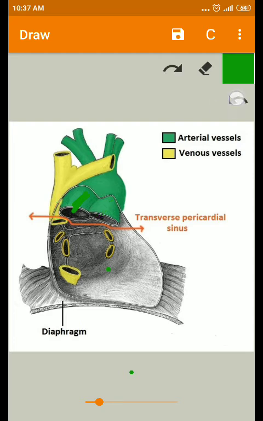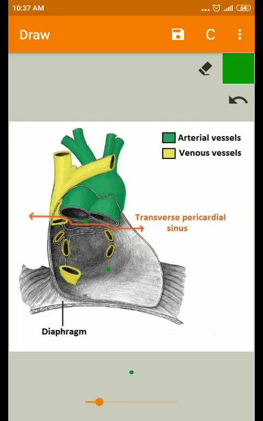Okay, now coming to the sinuses of the pericardium. The epicardium is also called the visceral pericardium. That is the inner layer of the serous pericardium. The epicardium at the roots of the great vessels is arranged in the form of two tubes.